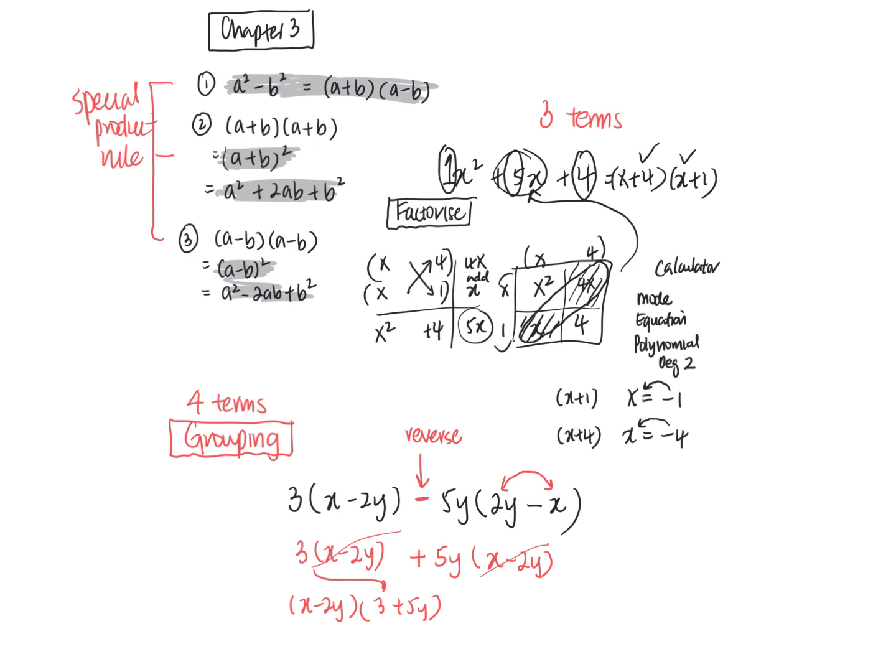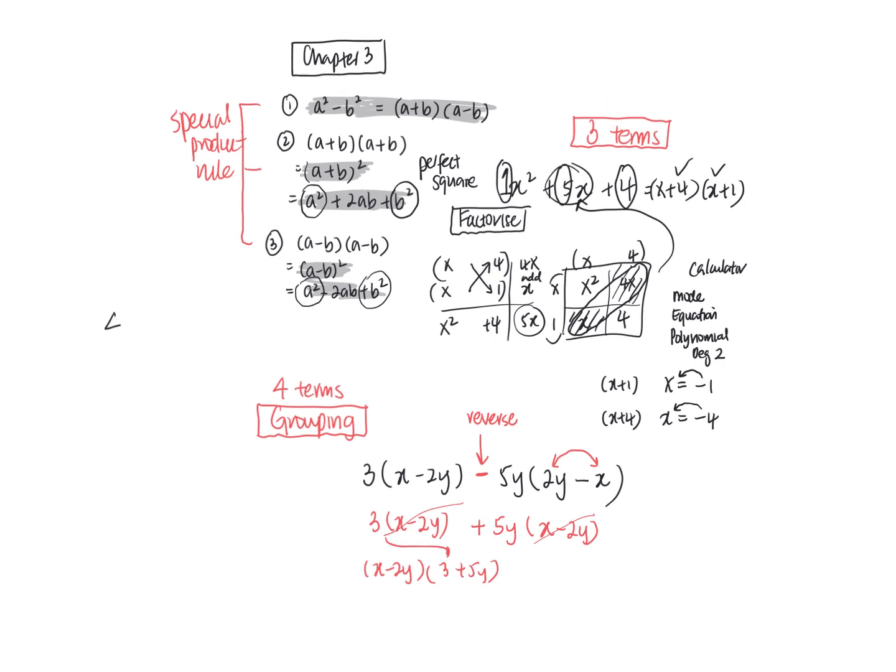You will use this when you have the special situation where your first one and the last one are perfect squares. You know you can use these 3 formulas. The first one and the last one are perfect squares. So an example I can give you is 4x squared, and then I have a 9 behind.